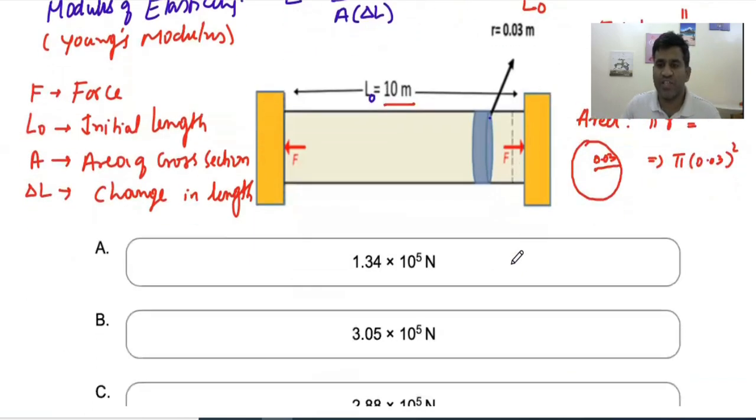Now let's calculate the change in the length, that is the linear expansion. There is another formula to calculate the change in the length.